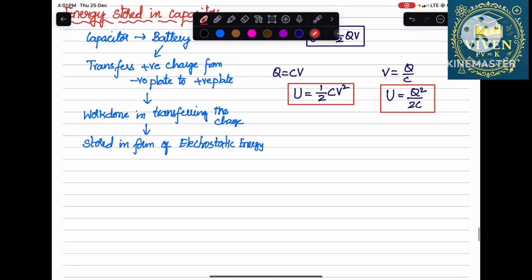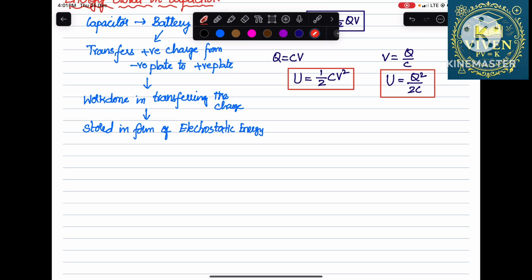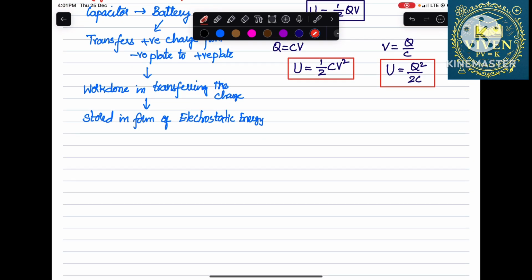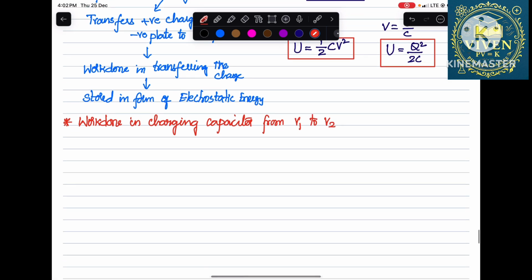Now let us learn some points in this. The first one is work done in charging a capacitor from potential V1 to V2.